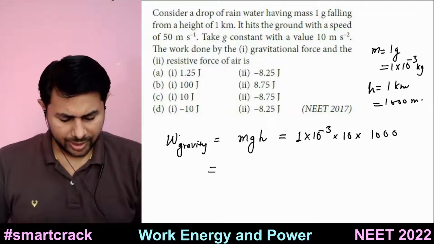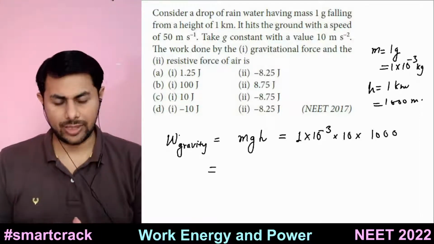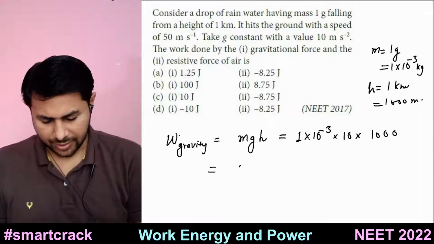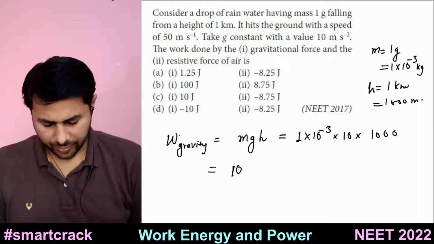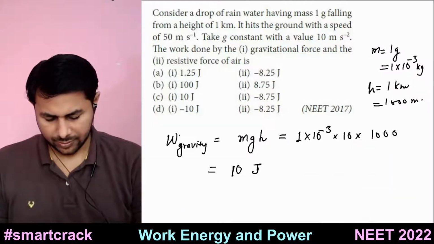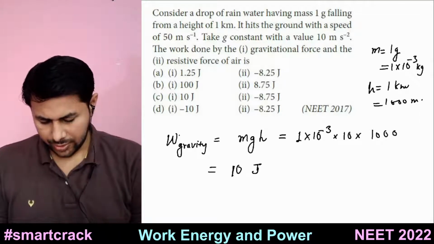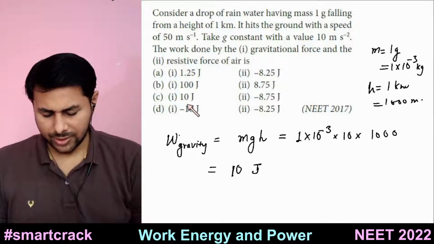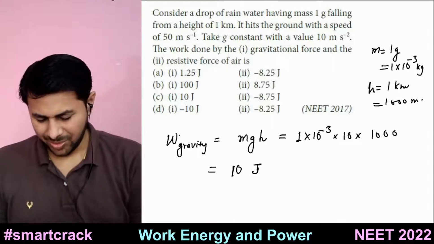If you multiply this, this is 10 raised to 3, this is 10 raised to minus 3, it becomes 10 raised to 0, that's 1. 1 multiplied by 10, so 10 joules is the work done by gravity. Alright, so let's check the options. Option A is 1.25, option B is 100, option C is 10, and option D is minus 10. So option C is correct.